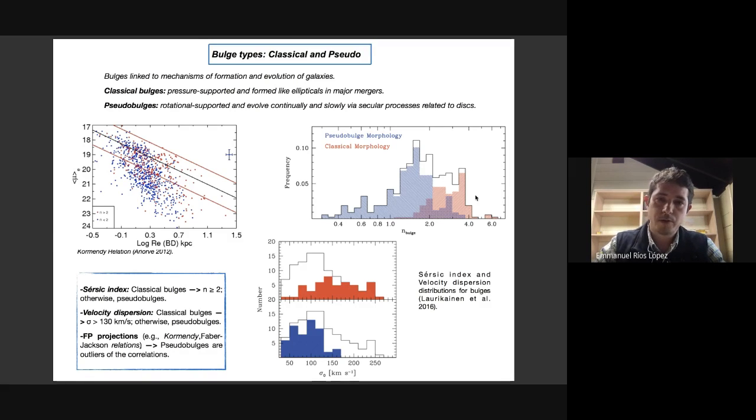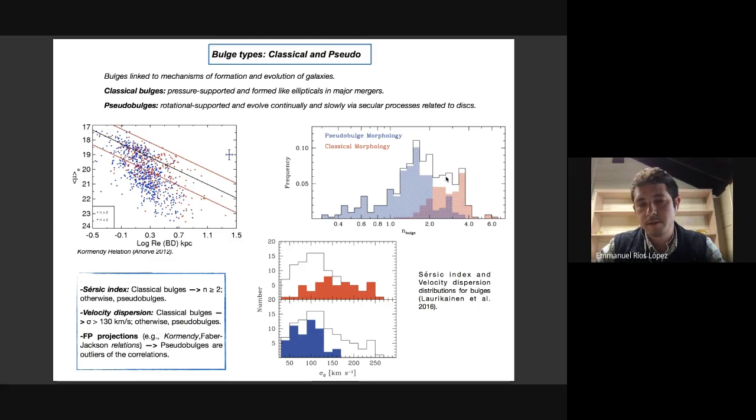In this plot, I show you the three criteria that we use in order to make a robust classification of bulges. In the upper left plot is the Kormendy relation between surface brightness in the vertical axis and the effective radius in the horizontal axis. Those targets falling as outliers of this relation can be considered pseudobulges. In the upper right plot is the Sérsic index distribution.